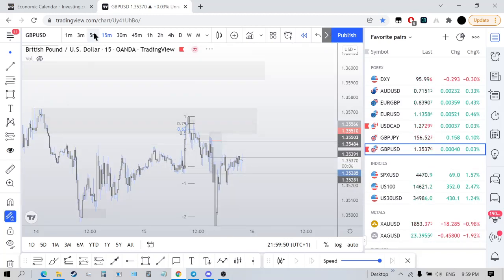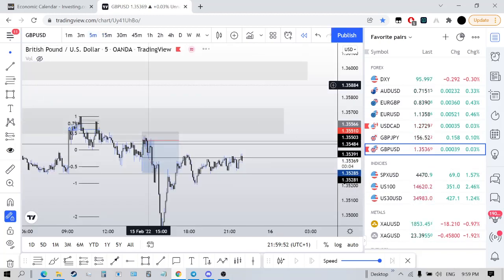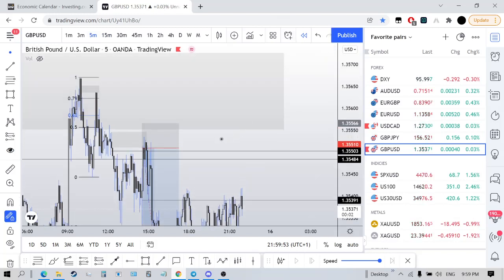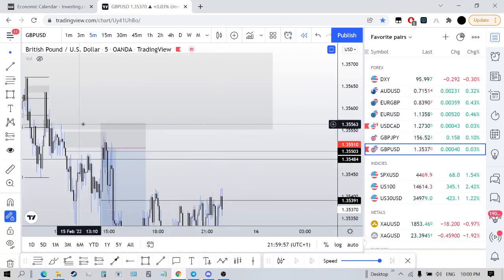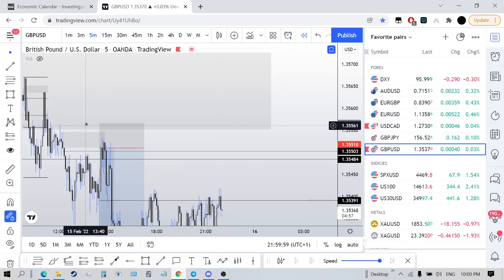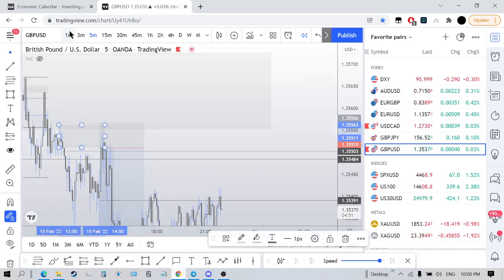Why was it a 1 to 4? That's crazy. Because I added in a little bit of spread too. It looks a lot different on this broker.